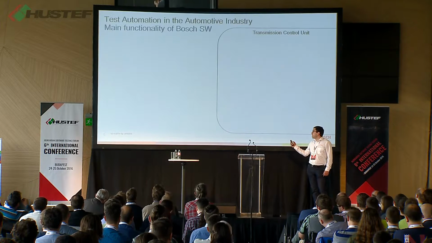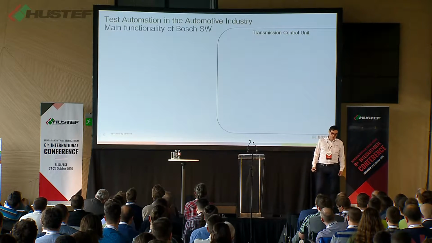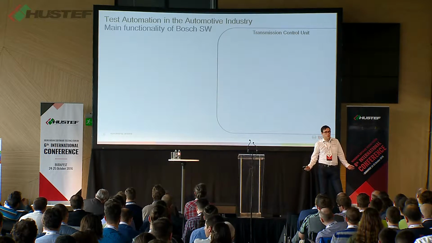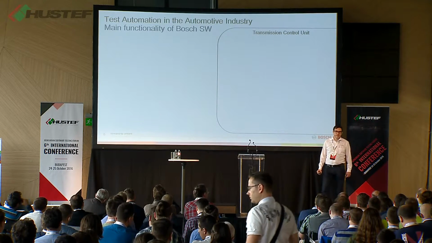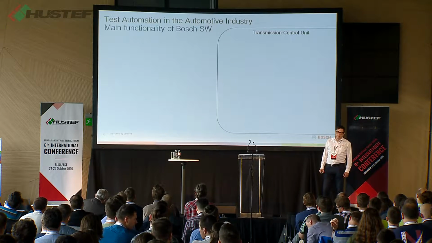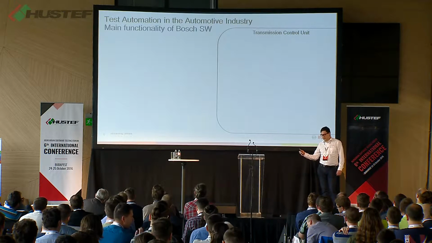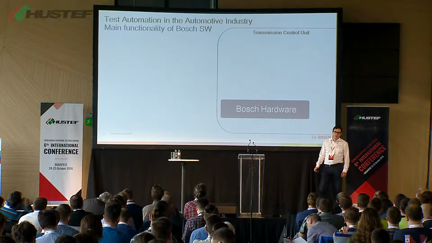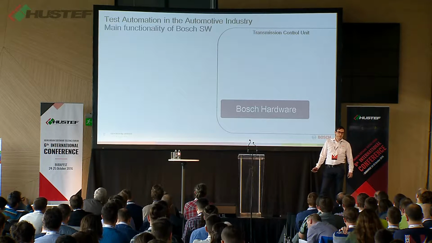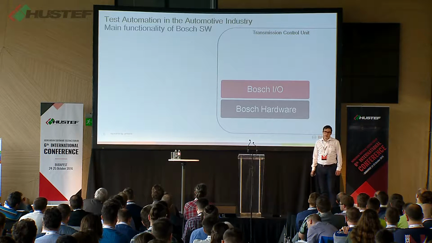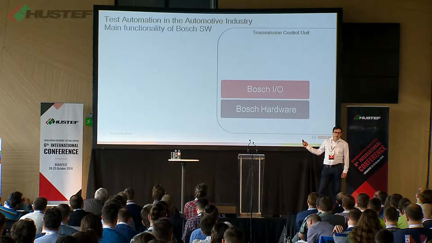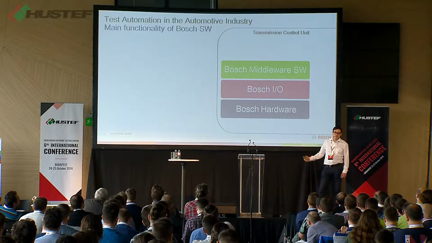Okay, but what does Robert Bosch and the Bosch software have to do with all this? For the automatic transmission system, Bosch provides the transmission control unit, so that would be the hardware. Then there are some drivers to be able to work with the software, so there we have the I/O drivers, and then we have middleware software.